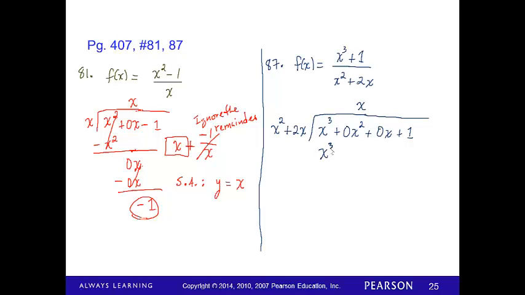Multiply, that gives me x to the third plus 2x squared. And then I want to subtract, so I change the sign here, and I change the sign here. Those cancel, and I get a negative 2x squared plus 0x. And then I repeat: negative 2x squared divided by x squared is just negative 2. And then we multiply.